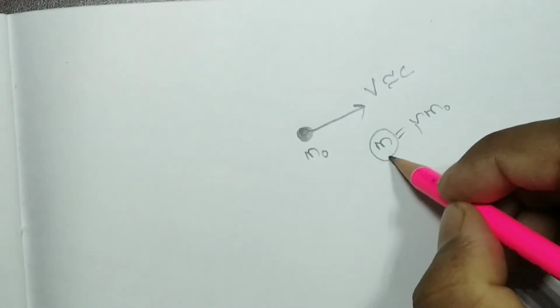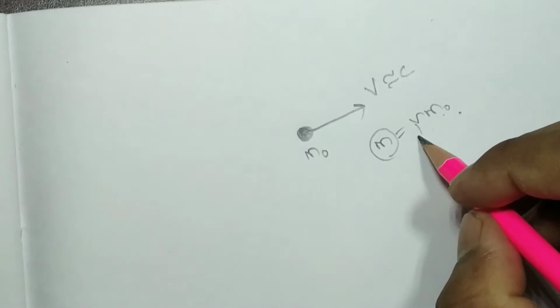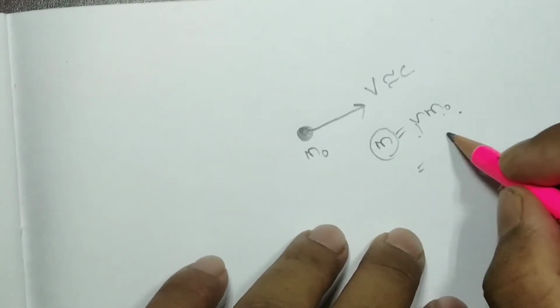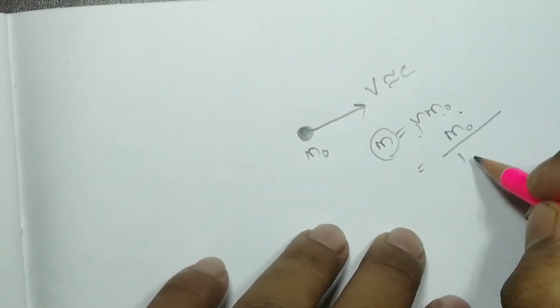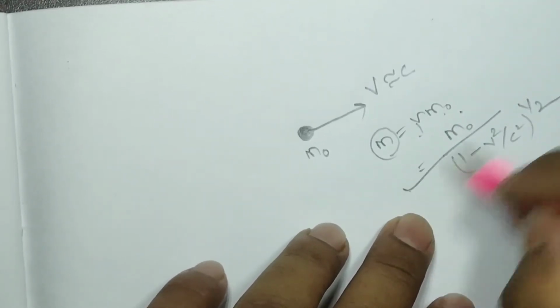This is your relativistic mass, rest mass into gamma factor, where gamma is 1 by (1 minus v square by c square) to the power 1 by 2.